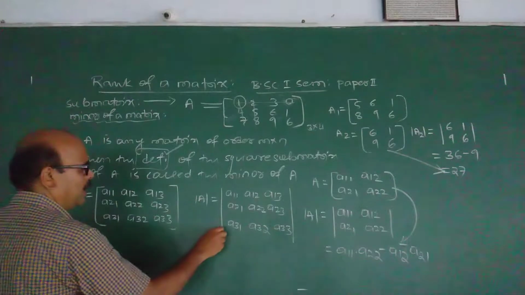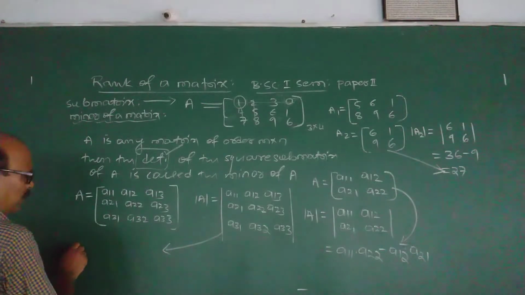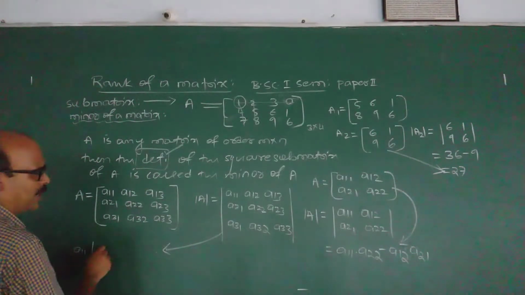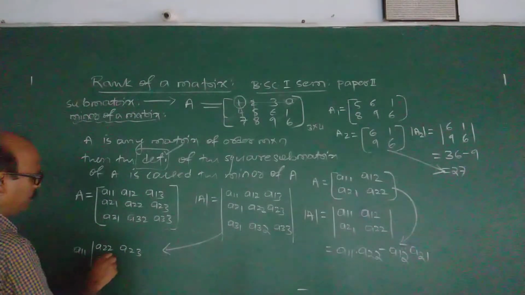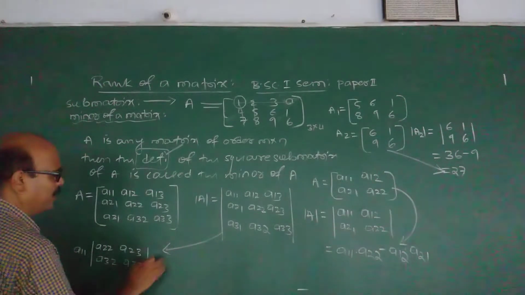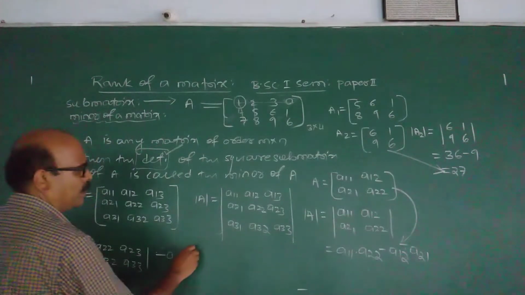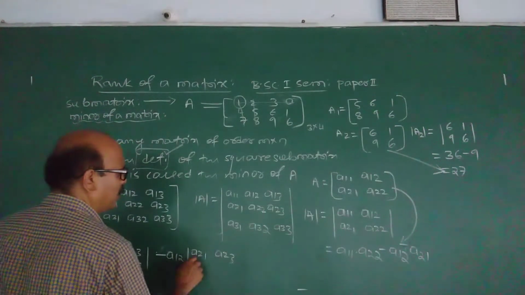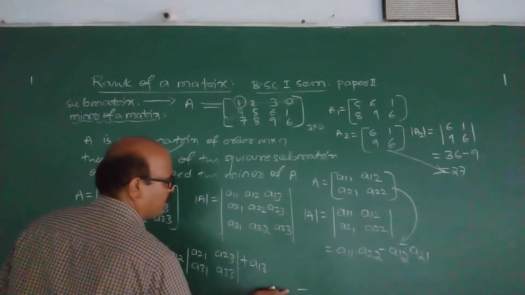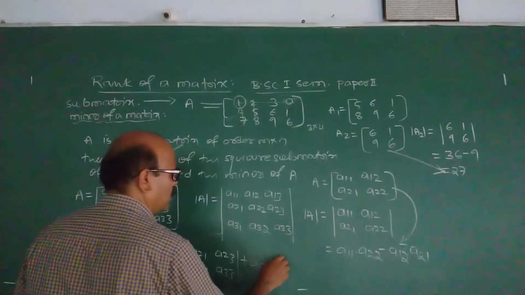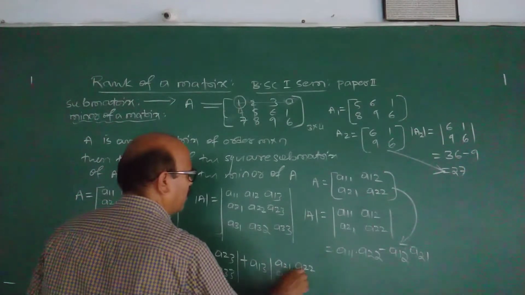Determinant, this is matrix, and its value is A11 into determinant A22, A23, and A32, A33, second order determinant, minus A12 into A21, A23, A31, A33, plus A13 into determinant A21, A22, A31, A32.